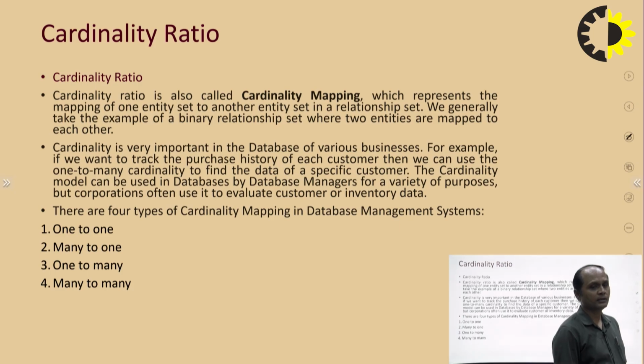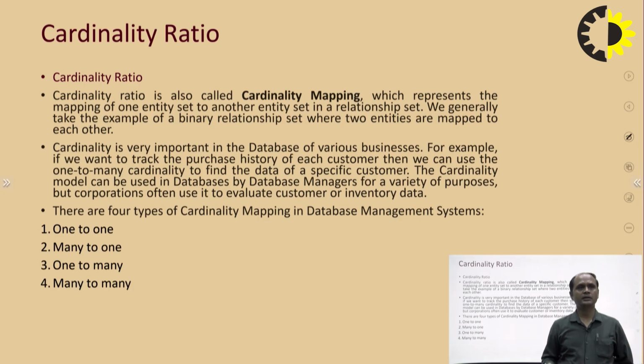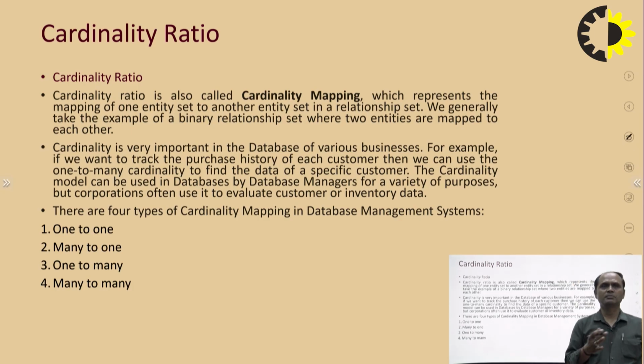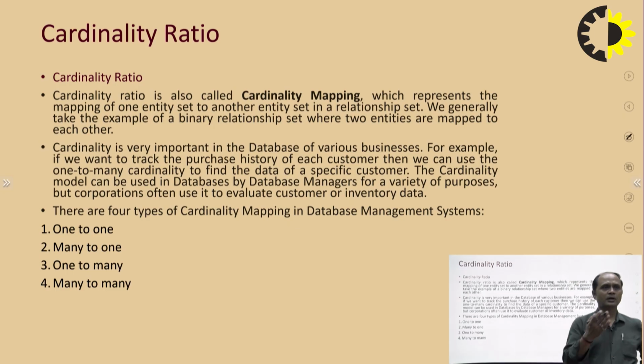So in the ER diagram, we have discussed how the ER diagram can be drawn, how entities are connected with each other, how the relationship can be maintained, how the constraints and cardinalities work, and that there are certain types of cardinalities.